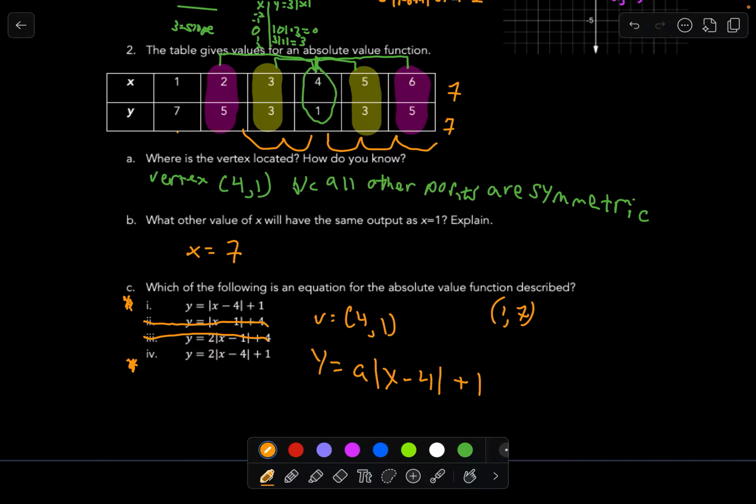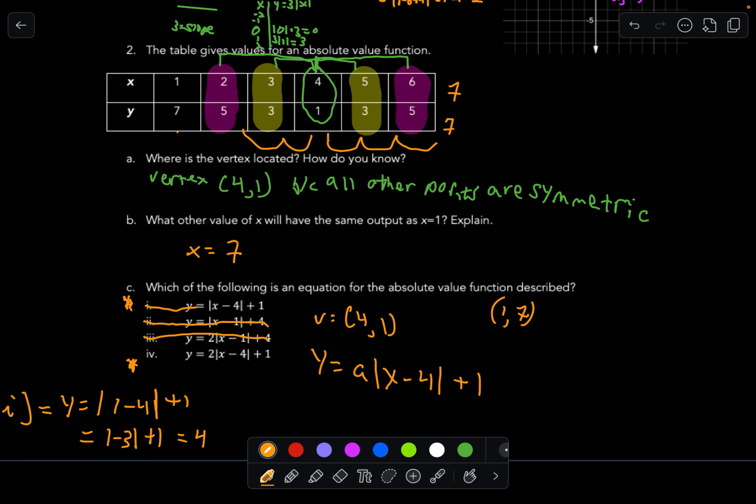So on I, if x is 1, that's going to be y equals the absolute value of 1 minus 4, plus 1. That's equal to the absolute value of negative 3 plus 1, which equals 4. So when x is 1, we should get 7, but we got 4. So I can't be it.